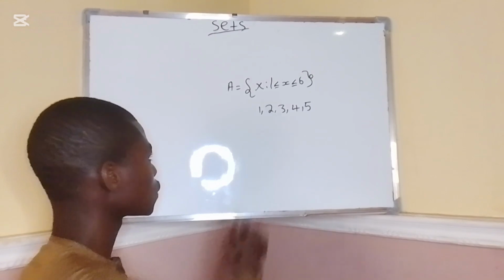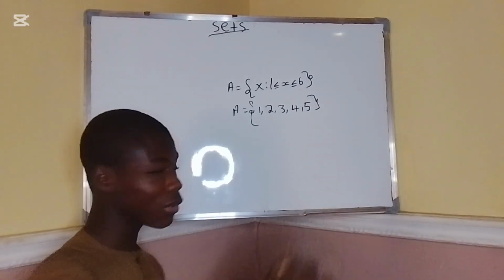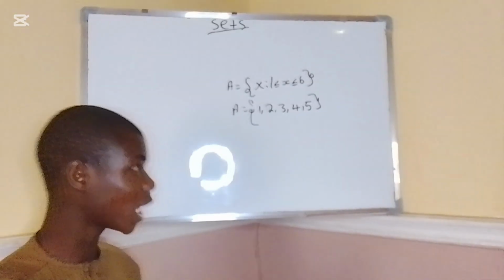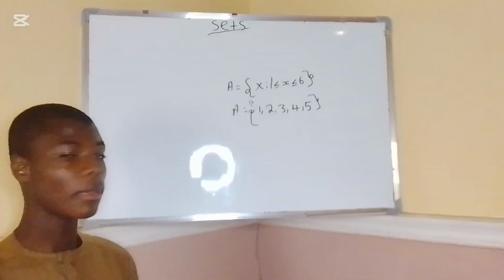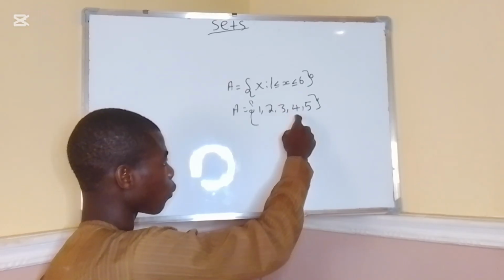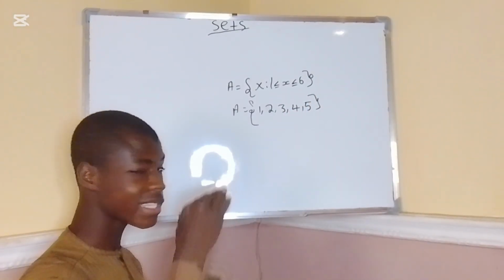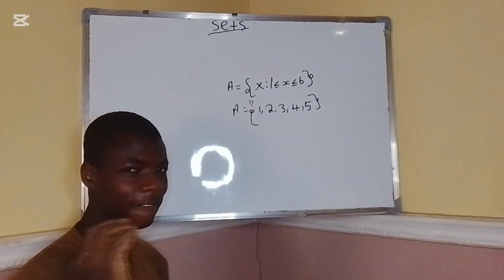So what is the order of this set A? We have how many members? 1, 2, 3, 4, 5. The members of set A are 5.